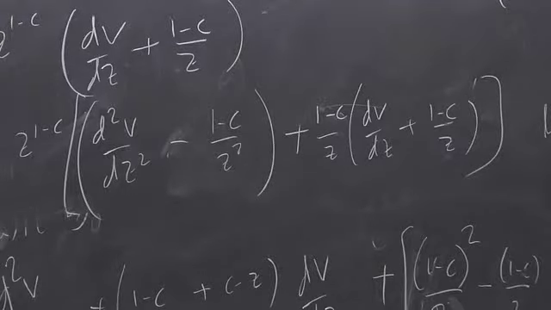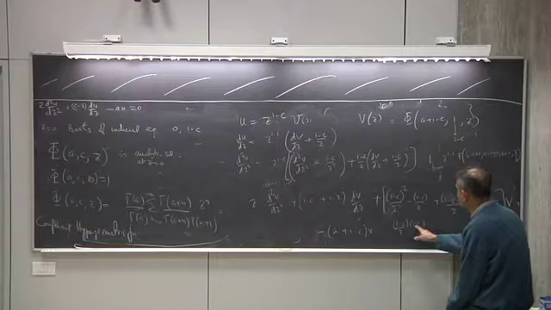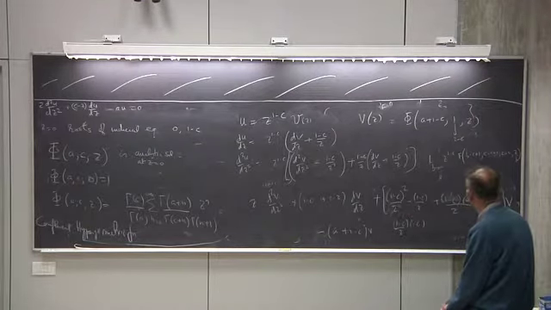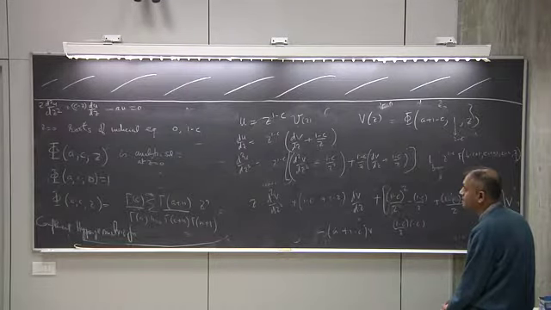Is it z square? I don't understand. This is simply that, 1 minus z over z square. Unless it's adding.